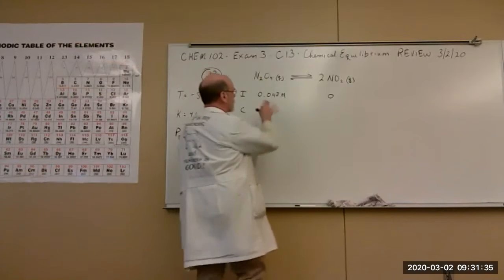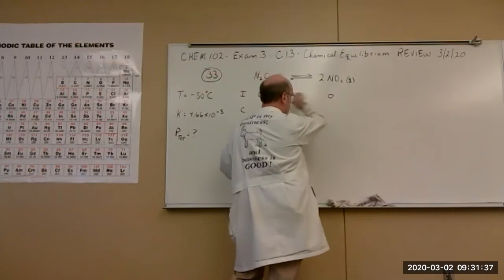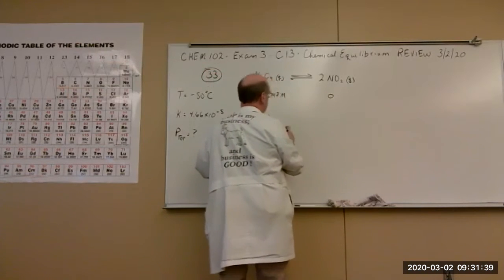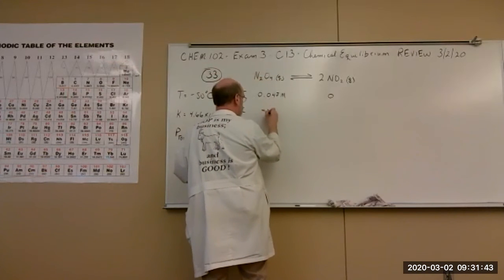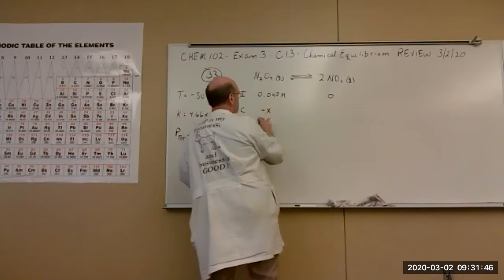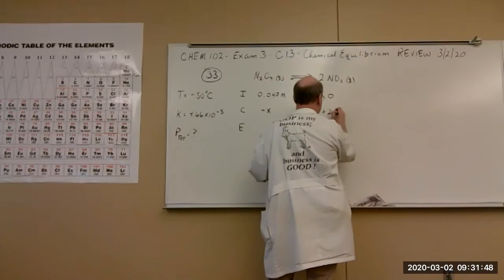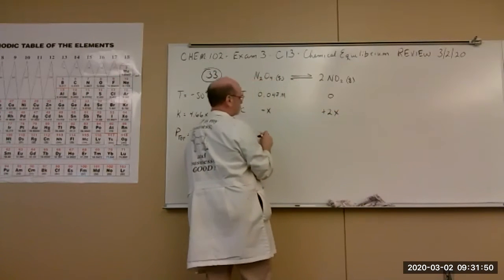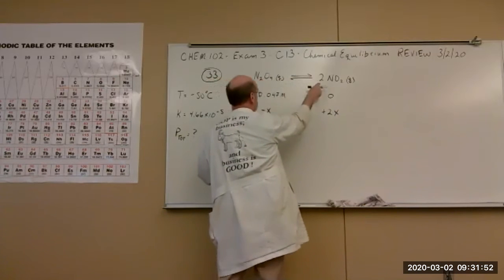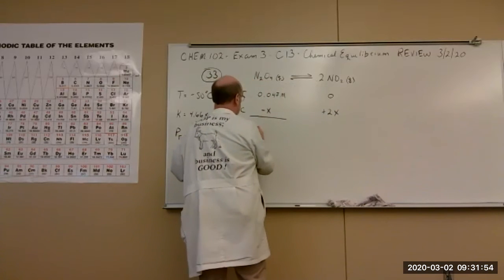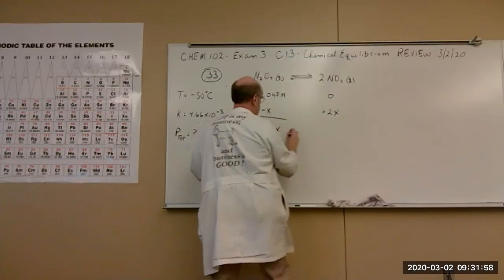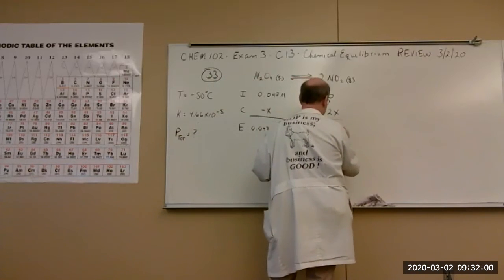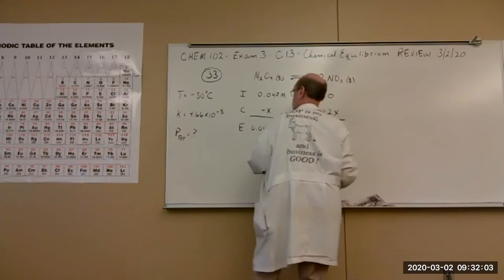So with this relationship, and we know it's going that way, we're going to lose some on this side, and we're going to gain 2 on that side because of 1 to 2. Right? So overall, we got 0.047 minus x, and this is 2x. Okay?